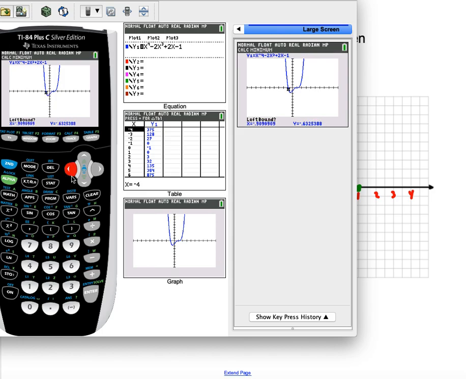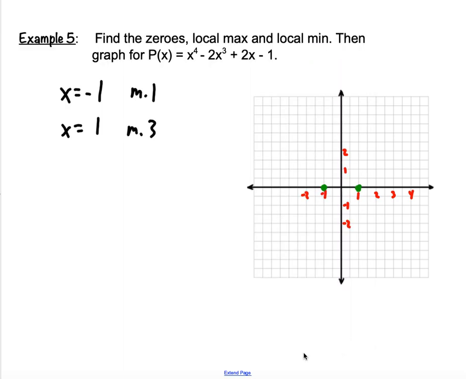Since my cursor is on the right and I need to be on the left side of the point that I want, I got to go over there, hit enter, and then I got to go on the right side of that little valley down there, the local min, hit enter again, and it should put it right there. So that's a -0.5 and a -1.688 rounded to 3 decimal places.